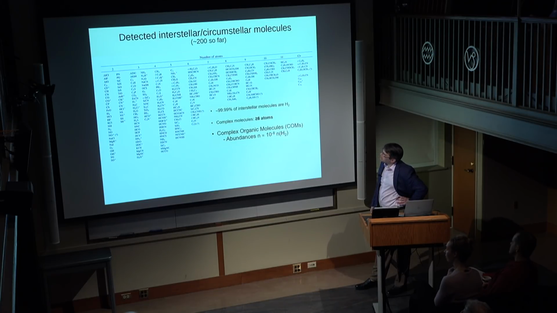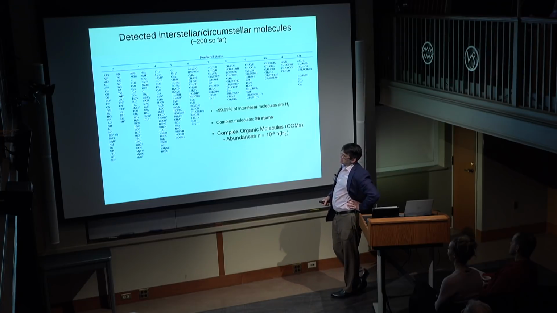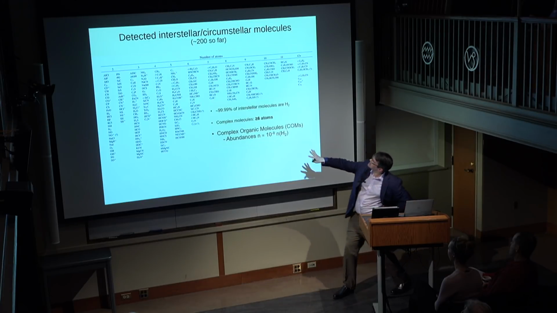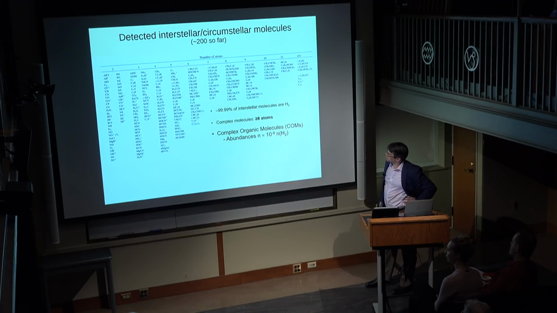I should point out there are certain definitions that we like to use. In astronomy, we'll often talk about complex molecules as being molecules that are composed of 6 or more atoms. So I will stick to that convention. If I mention the word complex, that's the right-hand side of this table that I'm talking about.